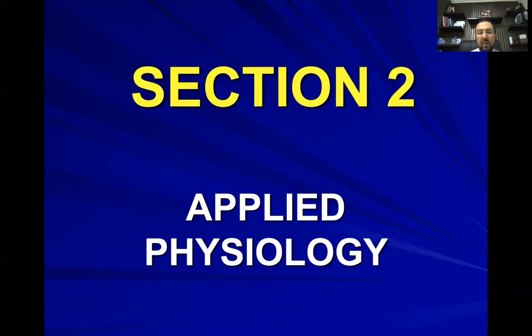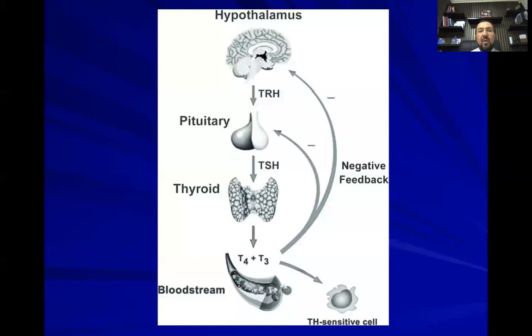Section 2 is the applied physiology. As we all know, the thyroid gland is an endocrine gland under the control of the anterior pituitary through the famous chemical known as thyroid stimulating hormone, which in turn is under the effect of thyrotropin releasing hormone from the hypothalamus.